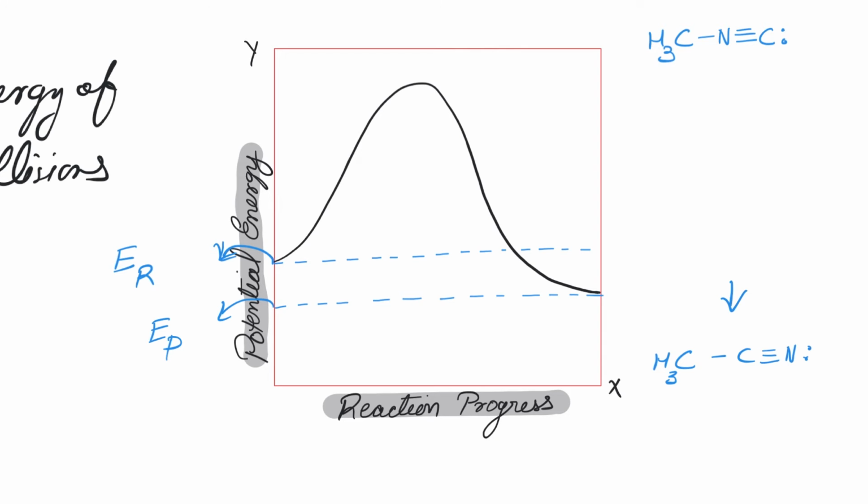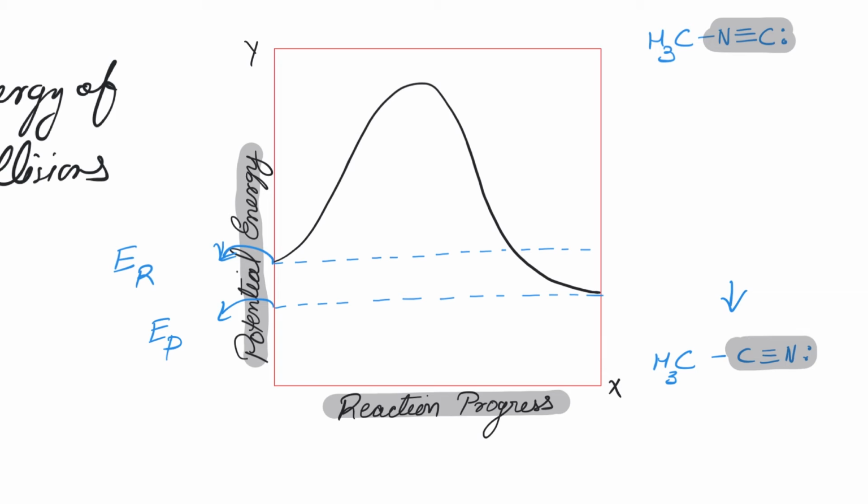Now, in this particular reaction, what we intend to do is just change or rotate the bonds in such a way. But for such rotation to happen, the collision must happen with enough energy.